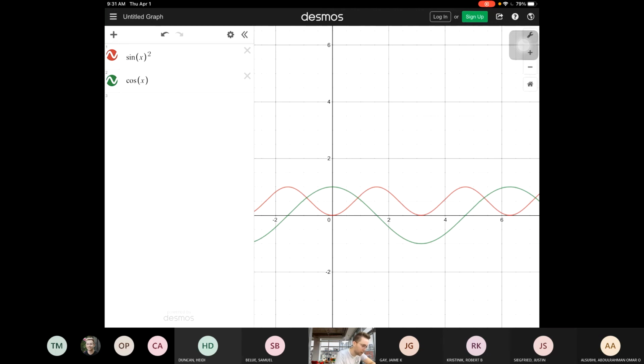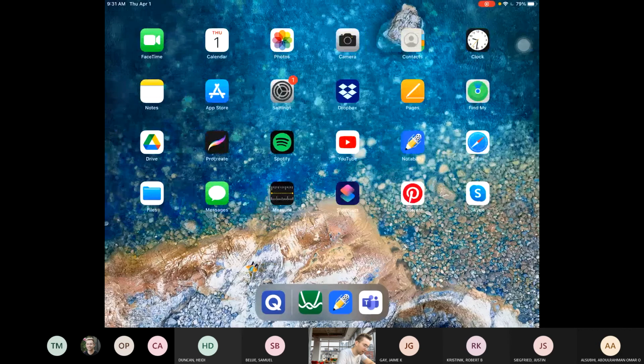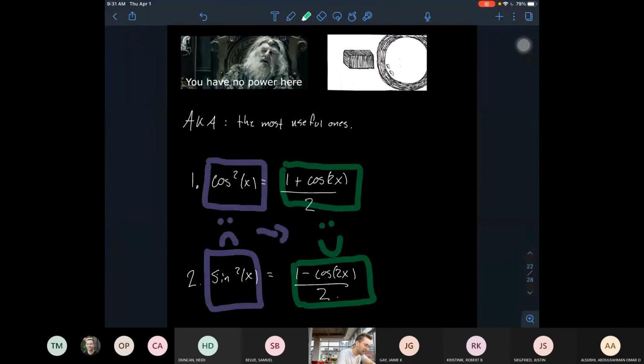And in particular, for doing calculus, when we want to take a derivative, or more importantly, when we want to take an integral of the left-hand side, taking an integral of something like cosine squared x is literally impossible. Well, I don't know about literally, but it's pretty much impossible.